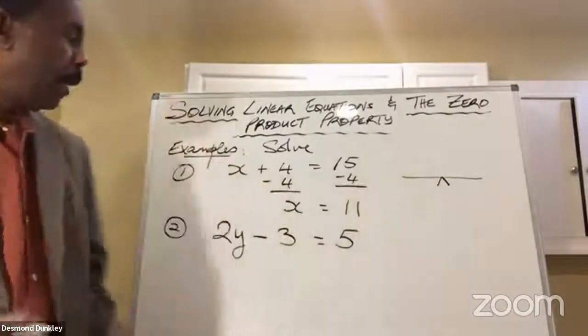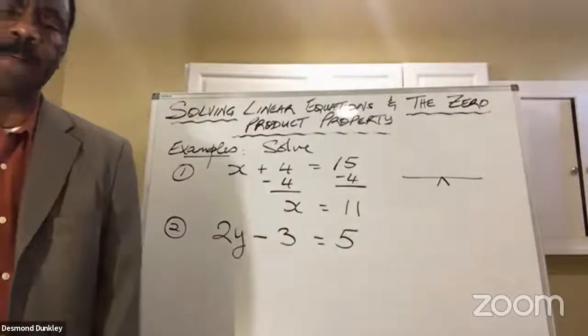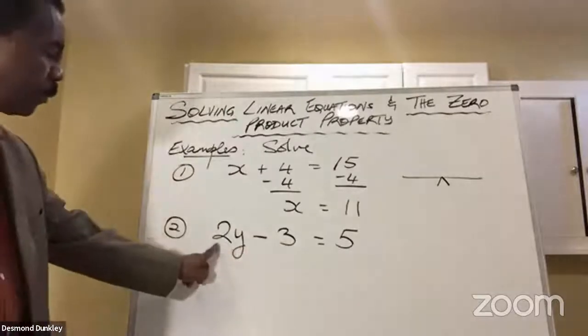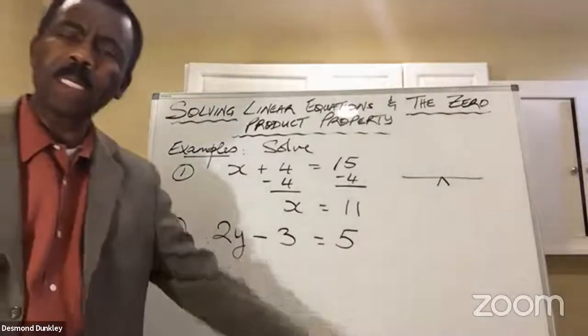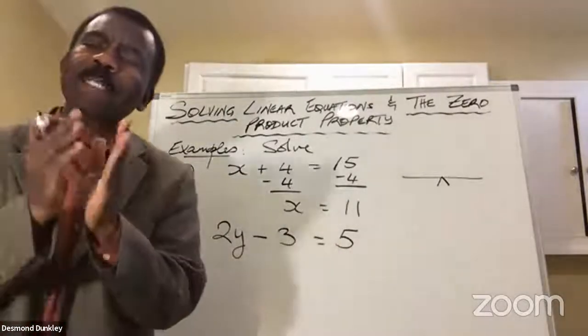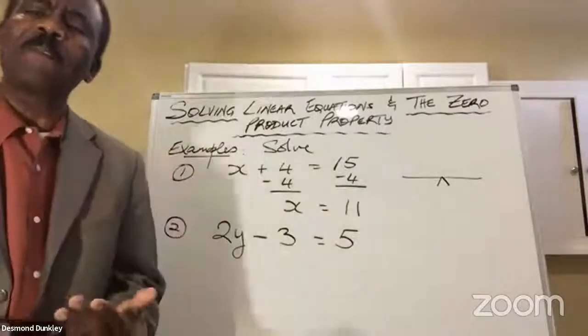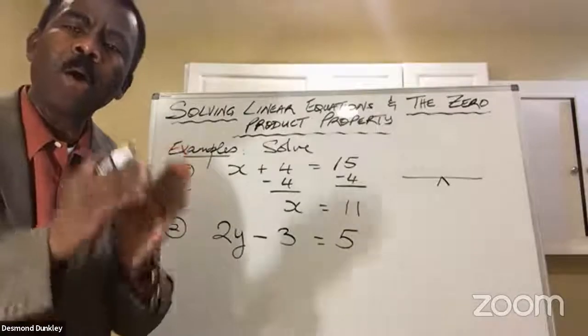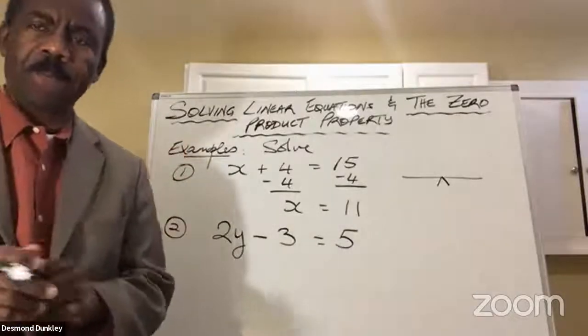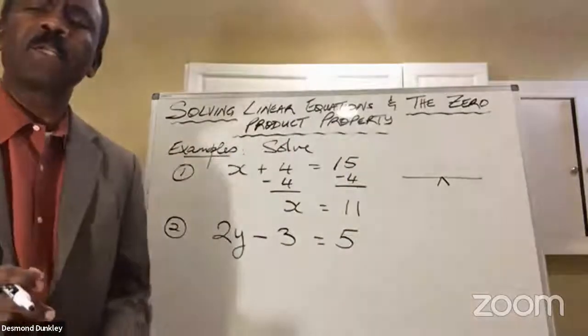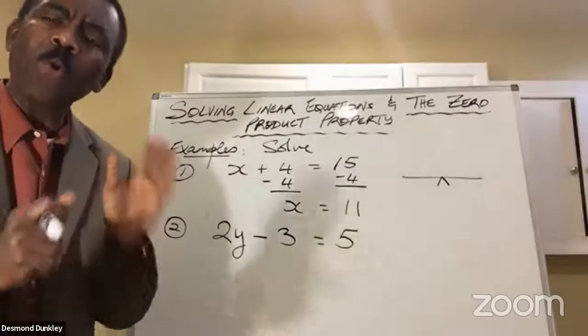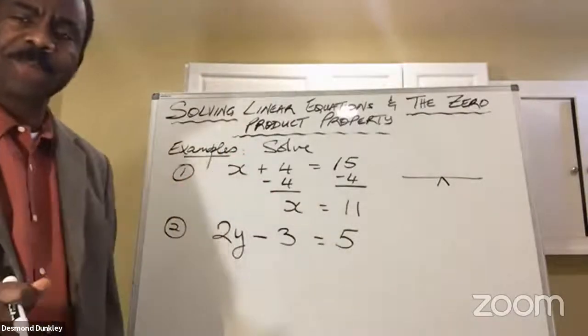We say, okay, on the right is 5. On the left, we have 2y and -3. I need to ask myself this question. What must I get rid of so that I can have y all by itself? What can I eliminate so that I end up with y alone on the left side?